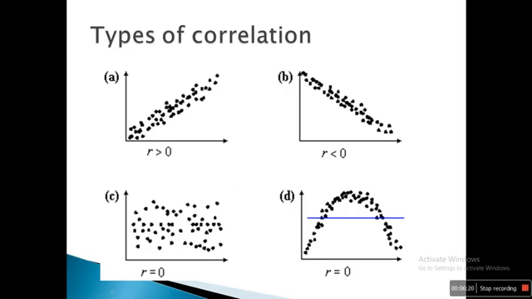We can take one more example where there is no relationship between the two variables: an increase in temperature causes a drop in the sale of kites.